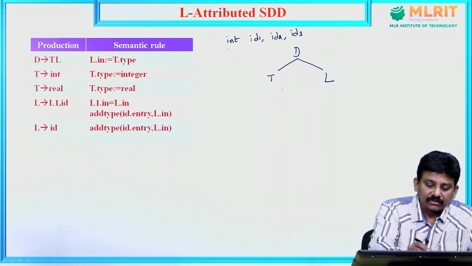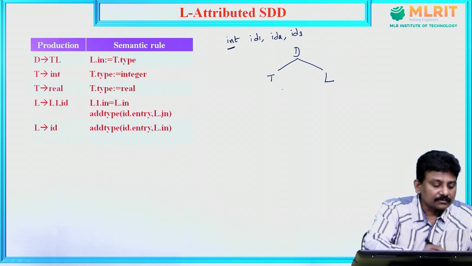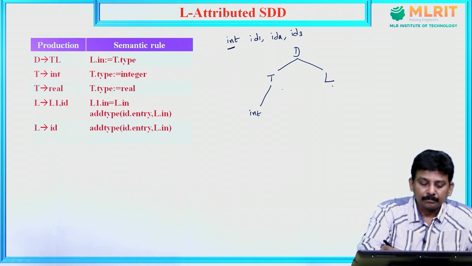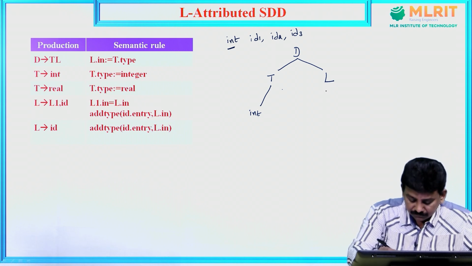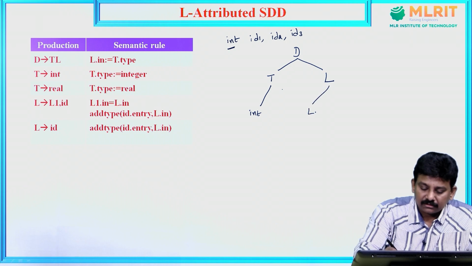Then the first symbol is int, so T derives int. Then L derives L1 comma ID.